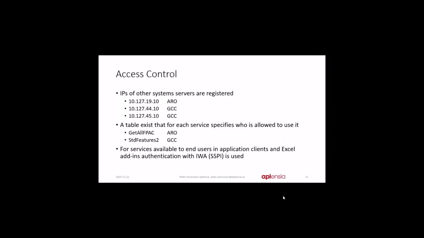But since we also use services for example the executable client for Hercules and Mecha systems, we need to be able to do it for a user that doesn't necessarily have a specific IP address. So there we use an authentication instead, which is based on IWA. We don't actually use the built-in one in Conga, but it's the same principle. The reason why we don't use the built-in one is because we need to do it from Excel add-ins as well.